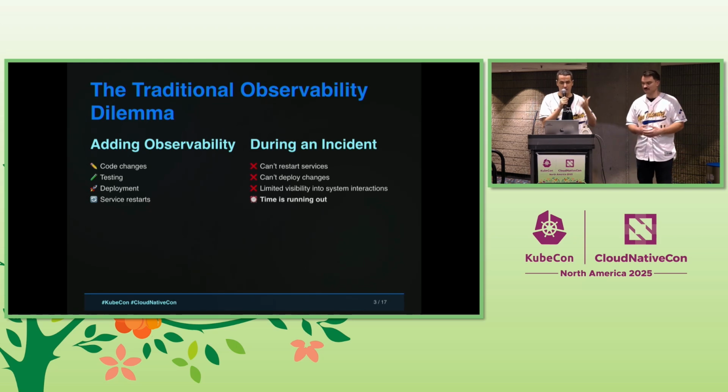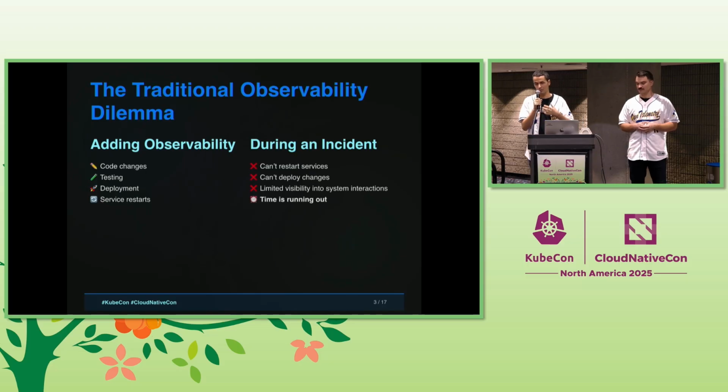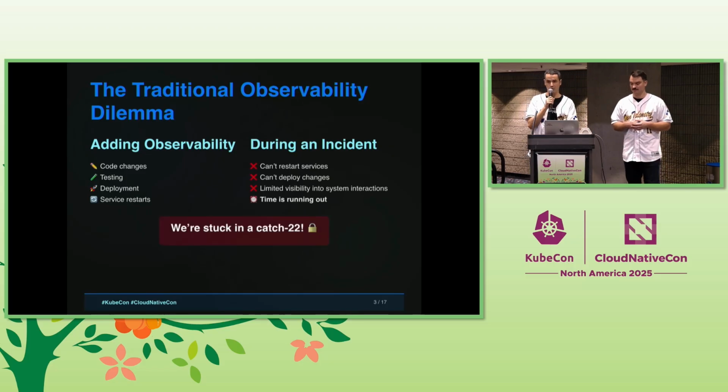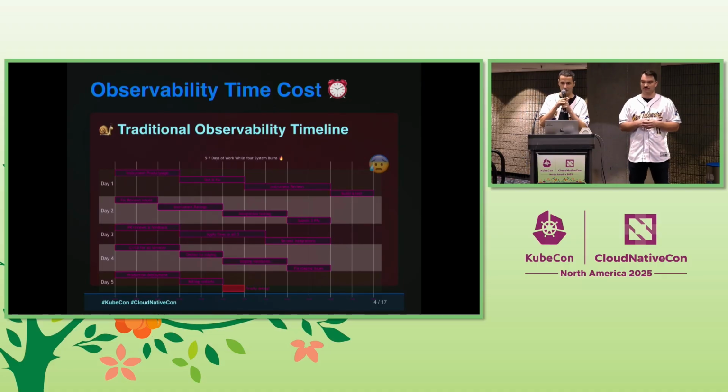Because you have limited visibility into the system interactions, and also during an incident, time is running out, and more than ever, time is money. So we are stuck in a catch-22. This is an example of how adding observability to your applications works in a traditional manner.